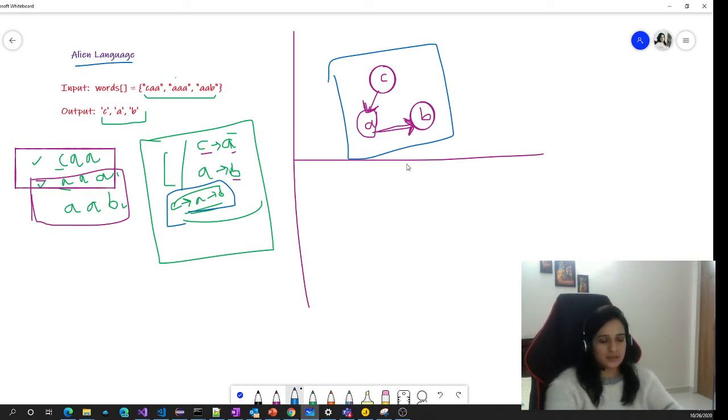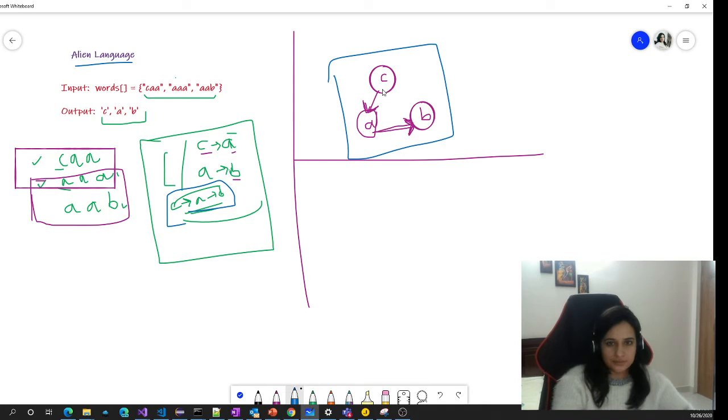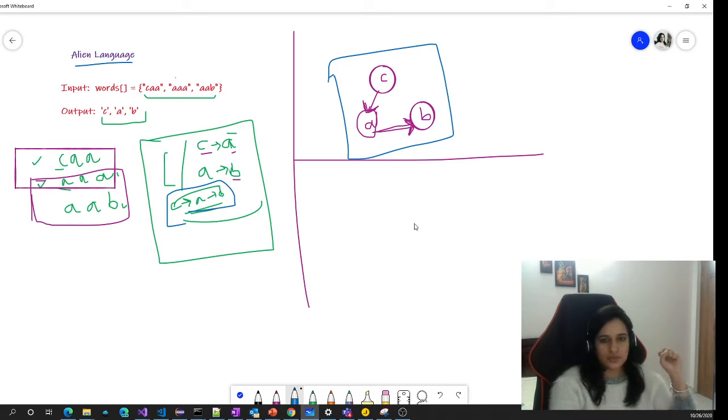TopoSort is basically used to find the order of vertices. I have covered TopoSort in detail in my last video, so I suggest you go through that. I'll just briefly touch on TopoSort here.